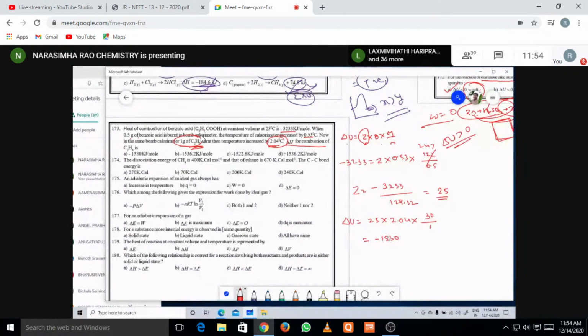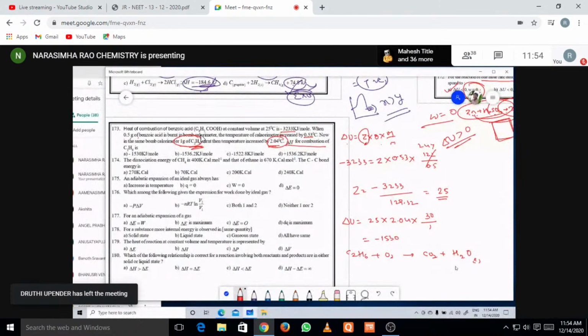Now, combustion of ethane: C2H6 plus O2 gives CO2 plus H2O. Water is liquid, the rest gas. Ethane is also gas. 3 hydrogens means 3H2O, 6 hydrogens, 2 carbons, 2 CO2.